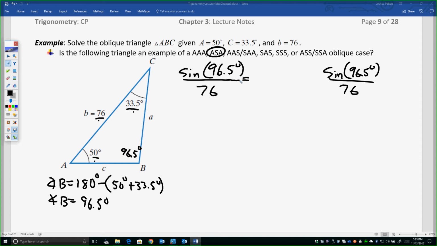So the first one is A, or B, or C, doesn't matter. We'll do A, so that's the sine of 50, so it goes with A. And C is sine of 33.5.